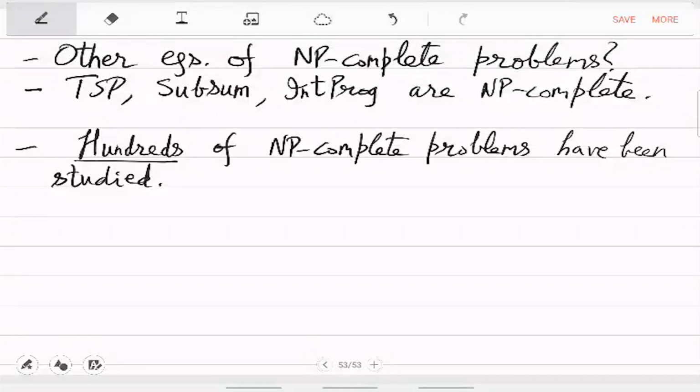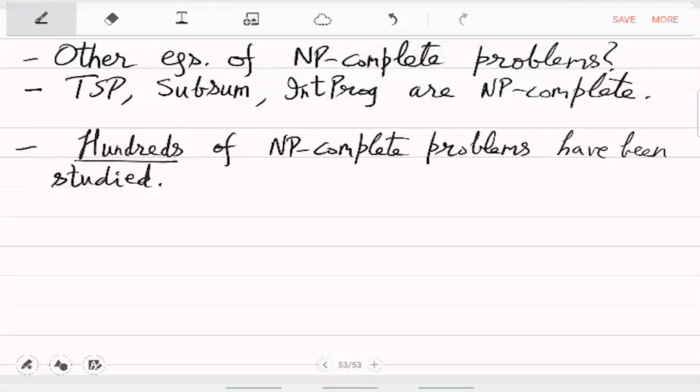NP-complete problems may be infinitely many, but there are hundreds which are actually easy to pose, so-called natural problems. And people have shown reductions. They have given proofs that 3 SAT reduces to all of these. So let us do one simple reduction.